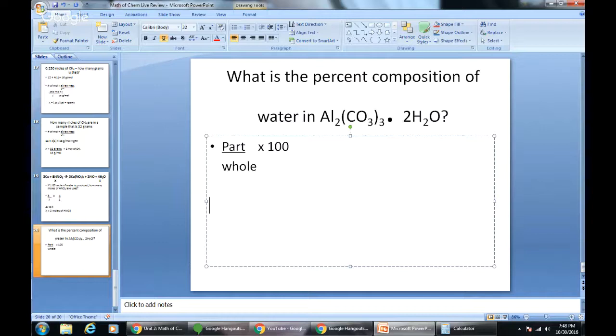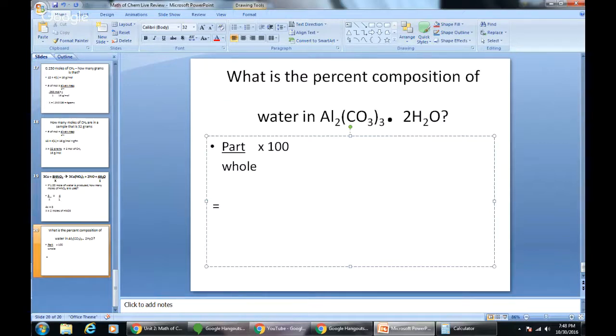Because it says percent composition of water. So how much of this entire hydrate is water? That's what they're asking, percentage-wise. 100% will be the whole, so you add them all together. You do the gram formula mass of Al2(CO3)3 and 2 water molecules.